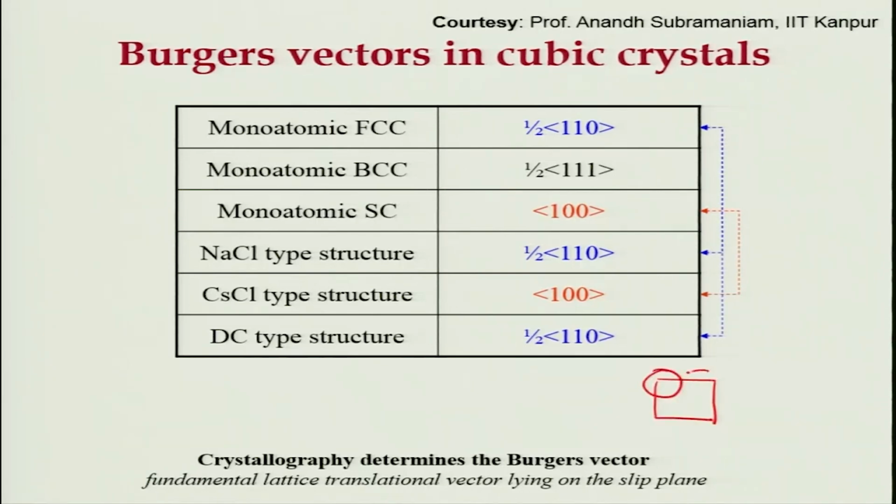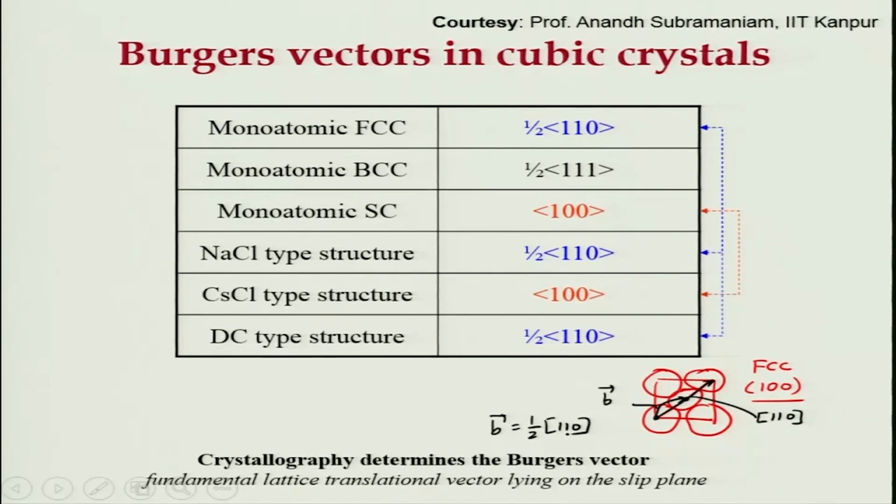So, this is FCC, and this is the 110 direction. This is the 100 plane of FCC, this is the 110 direction. So, the Burgers vector is from this atom to this atom. So, this is the B.